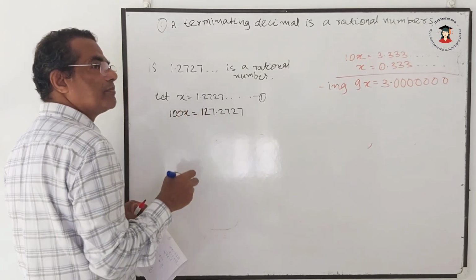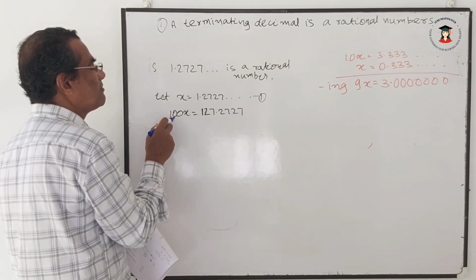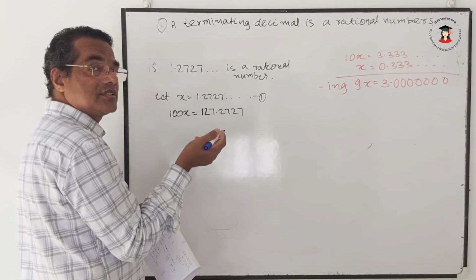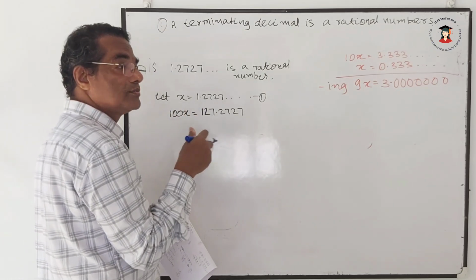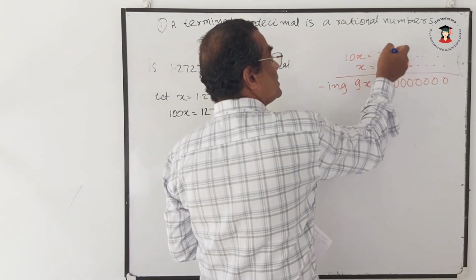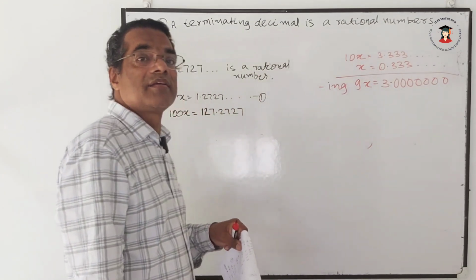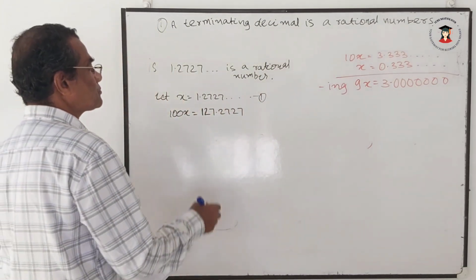Since two digits were repeated, that is why I multiplied with 100. In the earlier case, there was only one digit repeating. So, in order to make the digits after the decimals equal, I multiplied with 10.